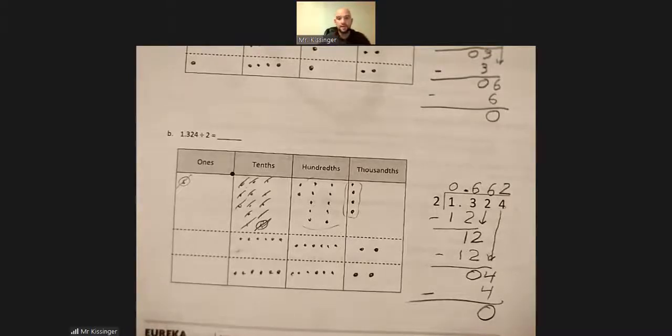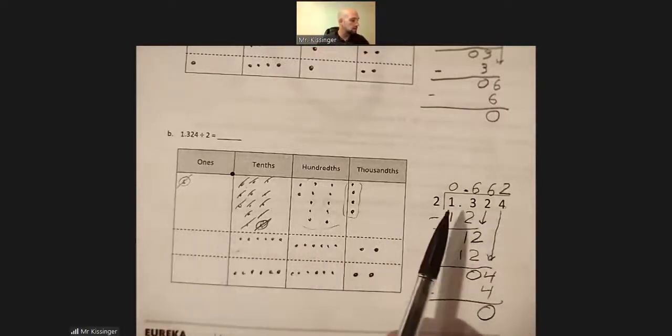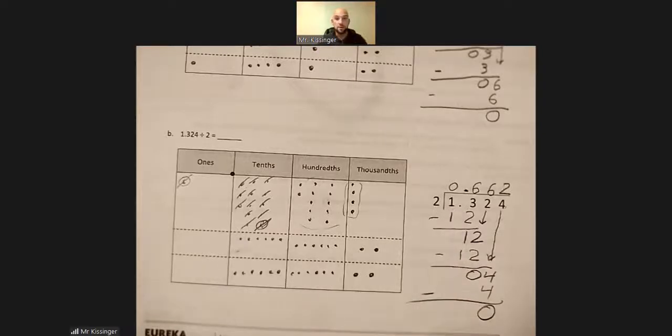So that kind of shows us how our place value chart, this visual method, correlates to our standard algorithm, also what we call long division. And each one of these places you can see has a place over here in our standard algorithm.